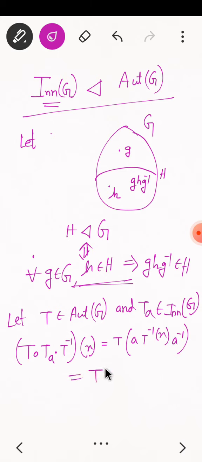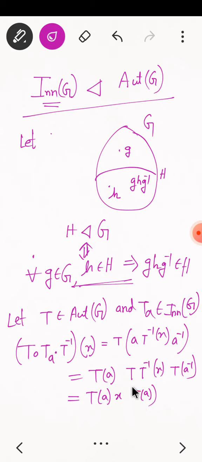This implies that T(a) T(T inverse x) T(a inverse), as T belongs to Aut(G), so T is also a homomorphism. So here we get T T inverse, that is the identity mapping, so I of x equals x, and T(a inverse) equals T(a) whole inverse, as T is an automorphism.